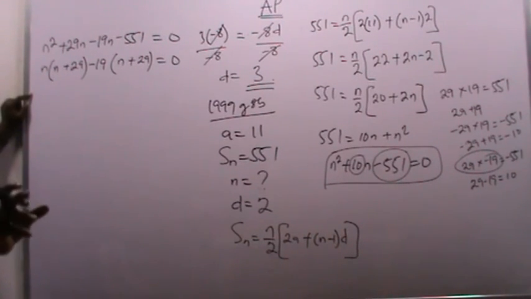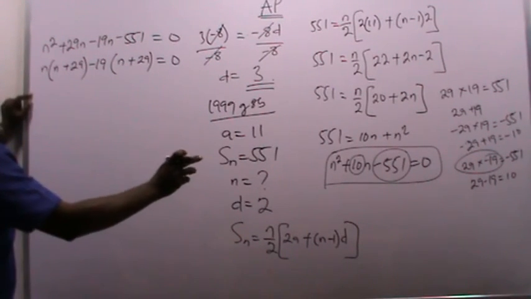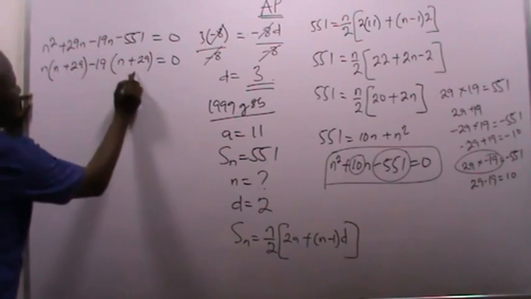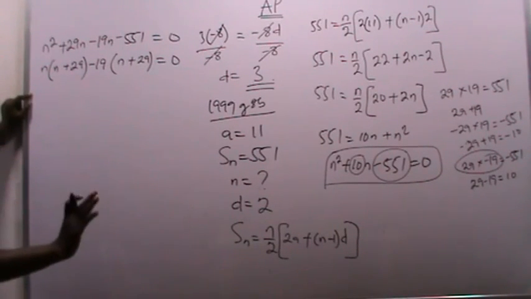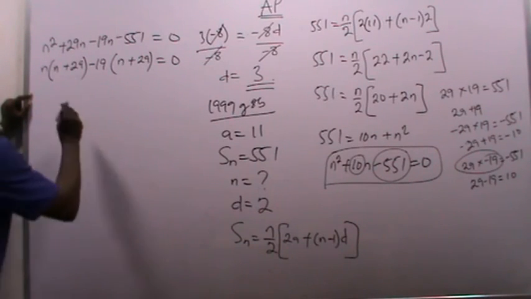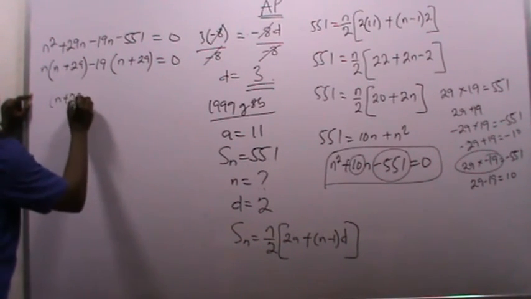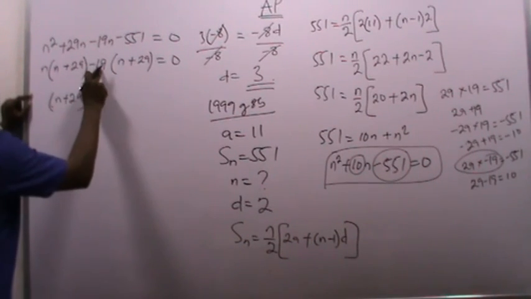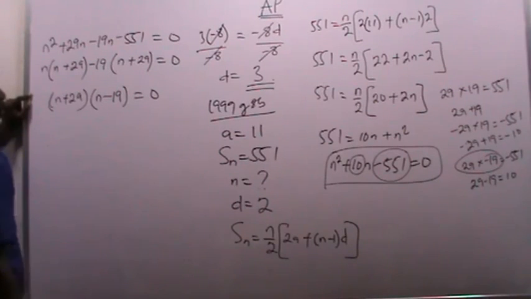This is a test. If you are solving a quadratic equation using factorization method, what you have in this bracket must always be equal to what you have here. That is a pointer that you are in the right direction. So you pick one of these two, that is n plus 29, then you pick what you have outside the bracket, n minus 19, equals 0.